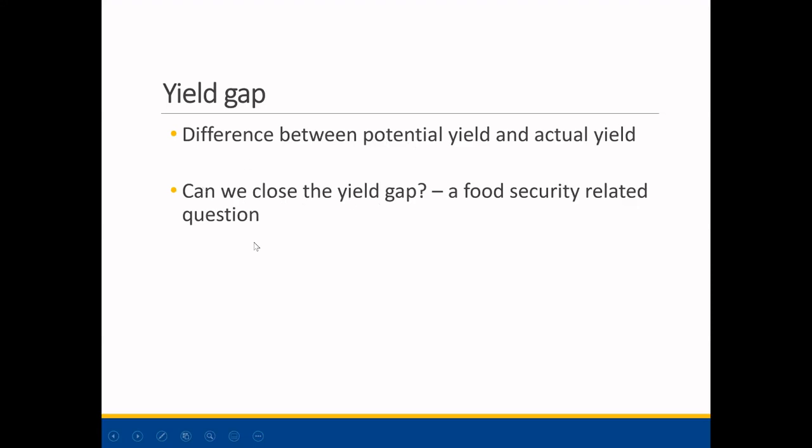So our management should aim, at least to some extent, to close this gap, to bring these two yields close, so that we can reduce the yield gap. That's up to management and other factors. It's a food security related question. If we can produce a yield closer to the potential yield, that could be better, and then your yield gap will be lower.